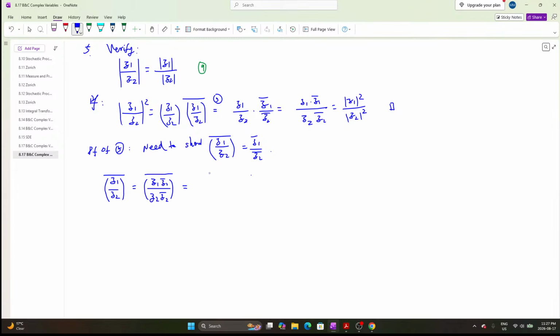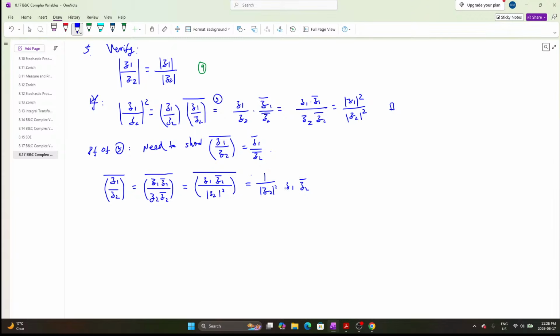This should make things easier, because now at the bottom you have z2 modulus squared, and on top you have z1 times z2 bar, together taking conjugate. Because the bottom is real, you can factor that out and just get 1 over z2 modulus squared times the conjugate of z1 z2 bar.